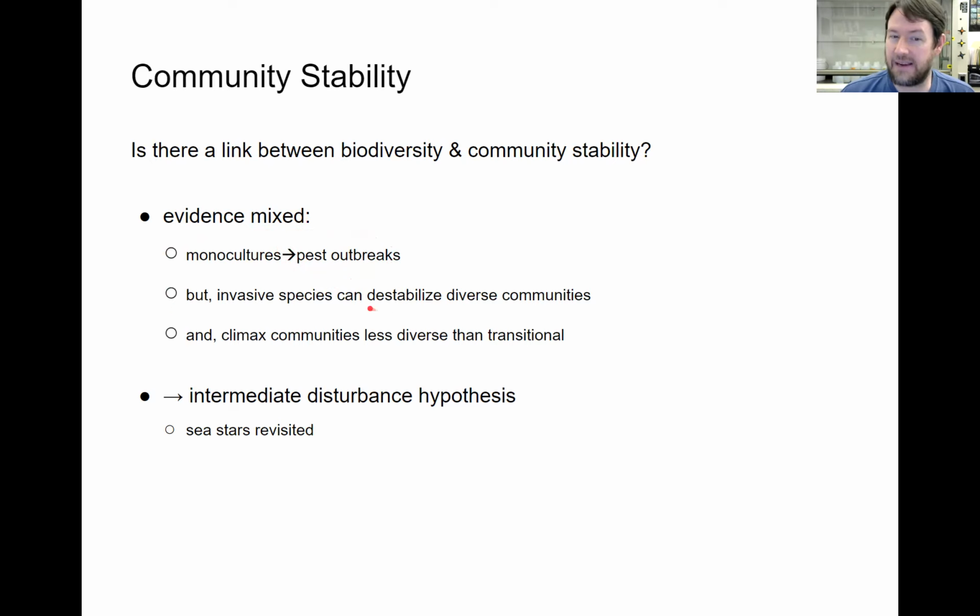That said, I should say that sometimes we have a diverse community and an invasive species is introduced, and it can destabilize that community because of that competitive exclusion we talked about. So again, the example of the Asian carp or English ivy, or name your invasive species, right?